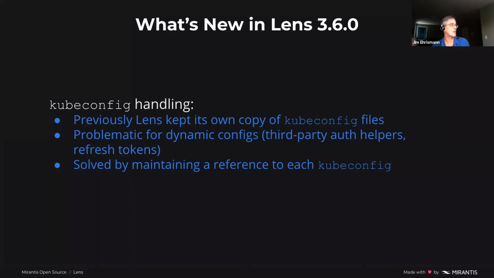So the simple solution was to just maintain a reference, which is what we did. The work was a little more involved because we needed to make sure that no parts of Lens were actually accessing anything in the kubeconfig that might not be static. We limited the access for kubeconfigs just to the proxy, which does the communication to the cluster.